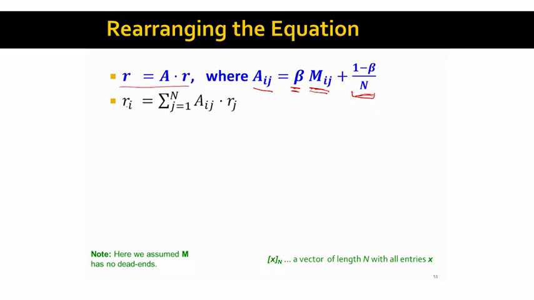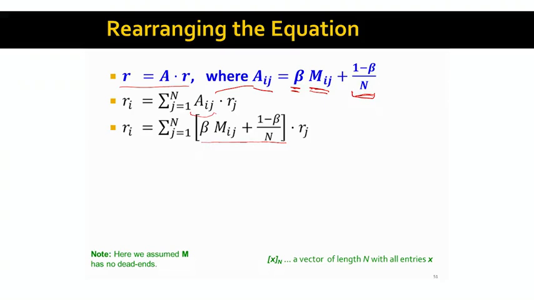If we unpack this PageRank equation, what we are saying is that entry i of the rank vector R is simply a summation over the j's, where j ranges from 1 to n, of A_ij times r_j. What we will do now is take this A and expand it into the equation we have above. This is still simply a summation.